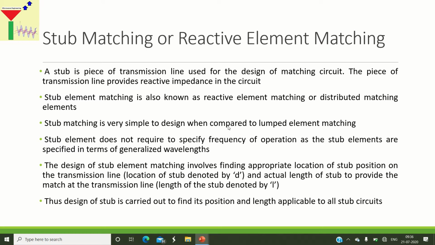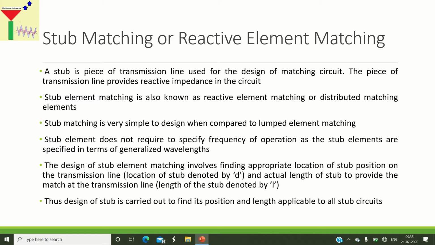So lumped element matching circuits are preferred whenever we operate at the lower frequency range in the microwave. Okay. So on the other hand, if we operate at high frequency, then lumped components become difficult to make use of, because the exact value of inductor and capacitor we will not get. Okay. So in that particular case, the best option is to make use of a stub element.